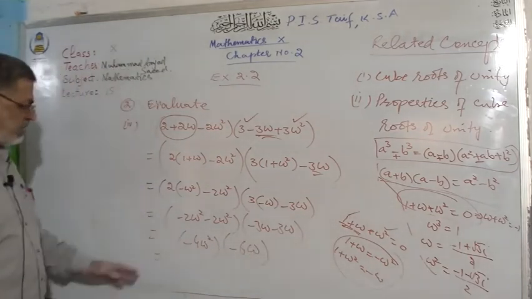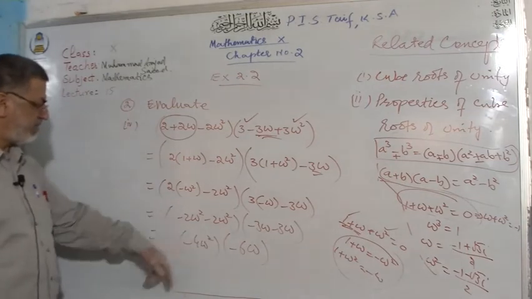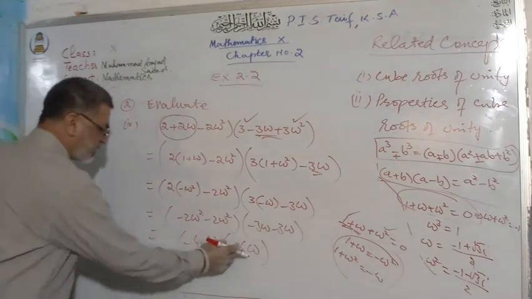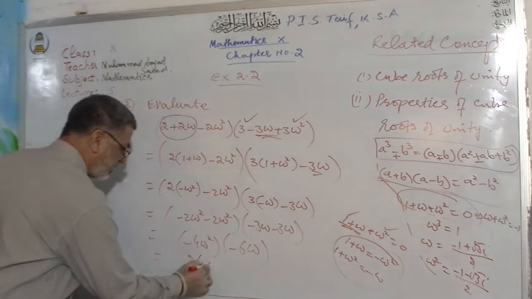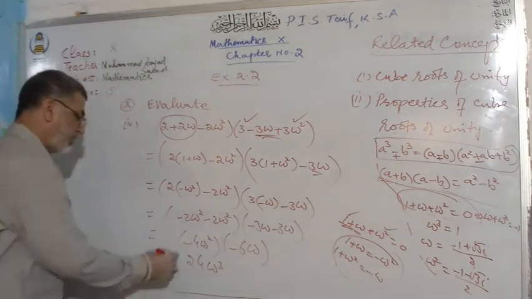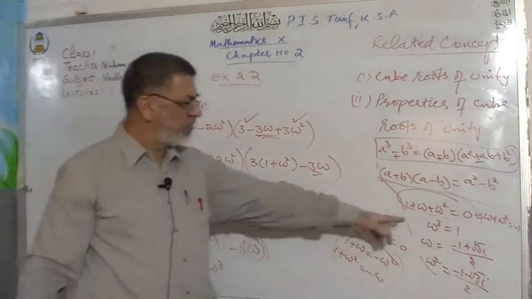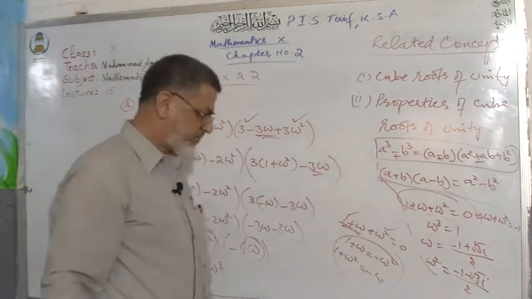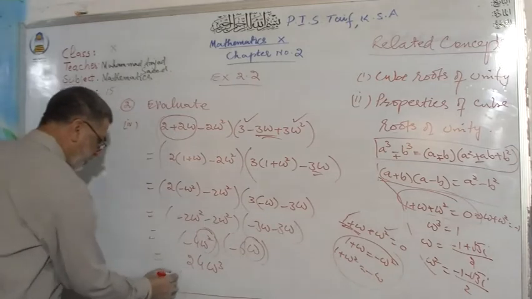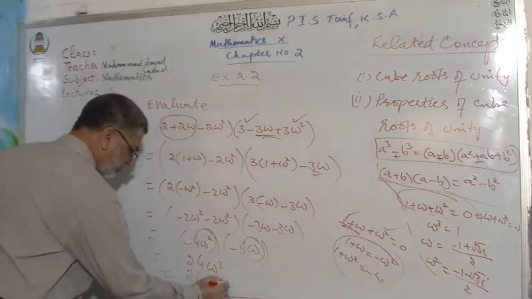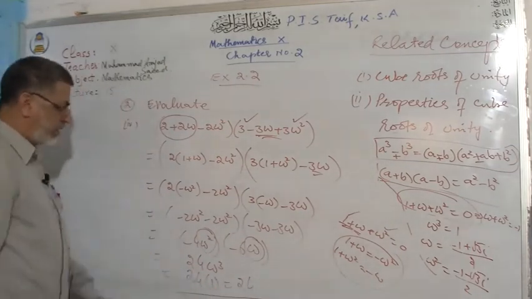Dear students, here we have minus minus plus, 6 for the 24 and omega cube. Multiply them. And what about omega cube value? Equal to 1. That's your answer.